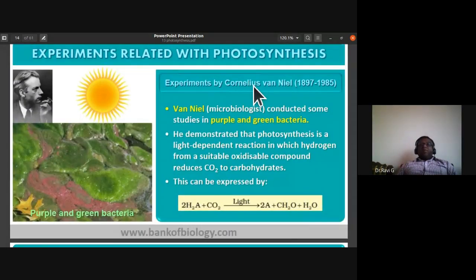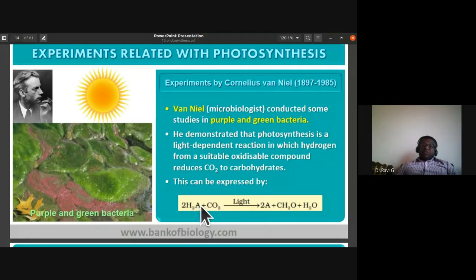Then there were the experiments by Cornelius van Niel. He was a microbiologist. He conducted some studies in purple and green bacteria, which you can notice in the culture media. He demonstrated that photosynthesis is a light-dependent reaction in which hydrogen from a suitable oxidizable compound reduces carbon dioxide to carbohydrates. This can be expressed as 2H2A plus carbon dioxide, giving carbohydrate plus 2A plus water.